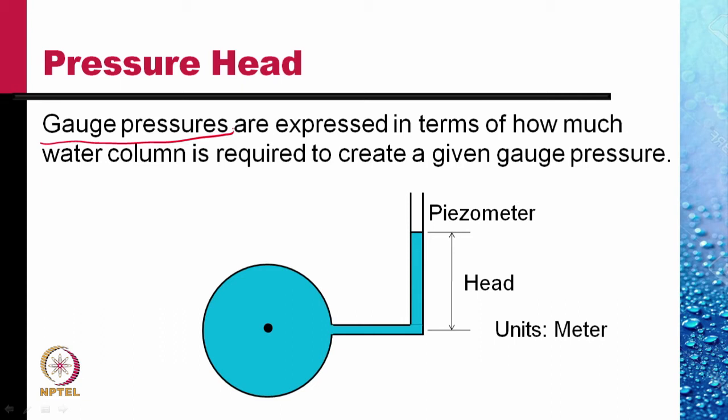Consider this bulb containing water, and if the water rises into this attached tube, which is called a piezometer, up to this height, then we call that the head of pressure within this bulb. The pressure at point A is the same as pressure at this point. Why? Because these are at the same horizontal level.